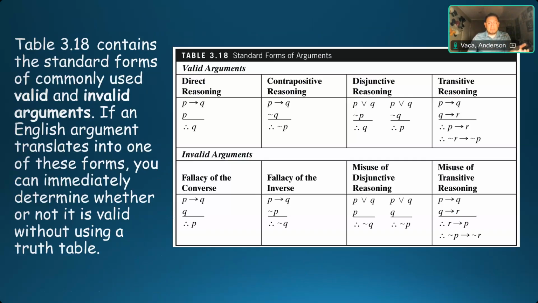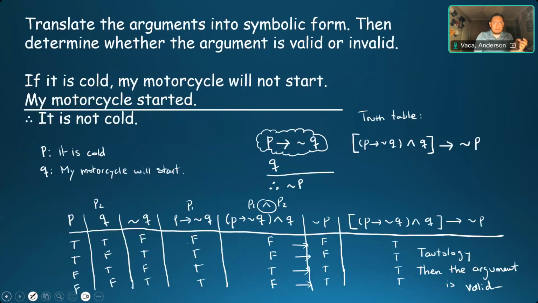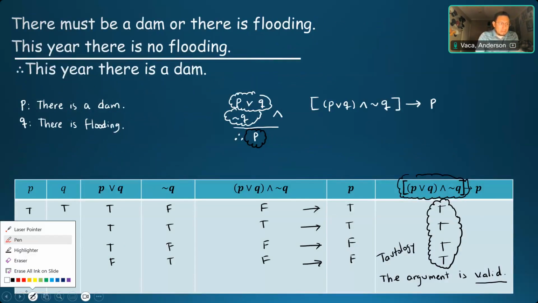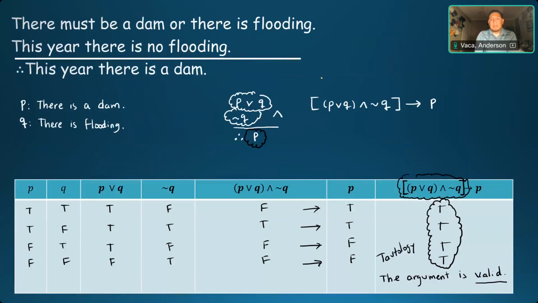For example, let's go back to our first example that we did. Let me just rewrite it. Let me see if I can use a different color here because I don't want it to get mixed up with all the other stuff.